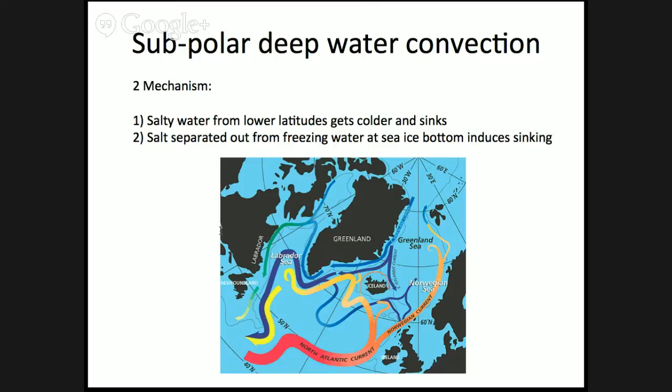Around Greenland, which is the subpolar Atlantic and the Arctic, there's strong deep ocean convection, which is caused by the North Atlantic current, which brings salty and warm water from the lower latitudes to the subpolar Atlantic Ocean, and the water becomes colder as it reaches there, and because it's salty, it sinks to the bottom, which induces the deep convection.